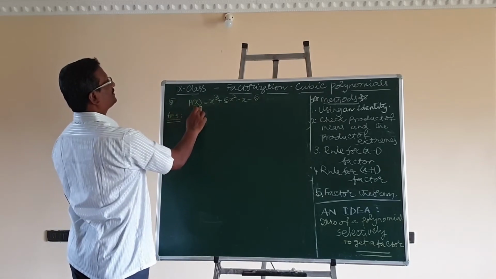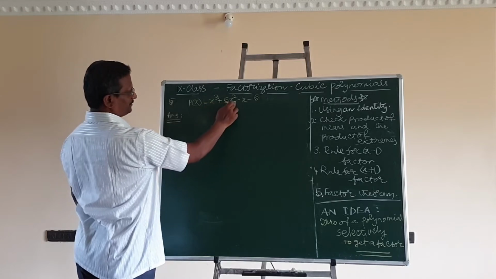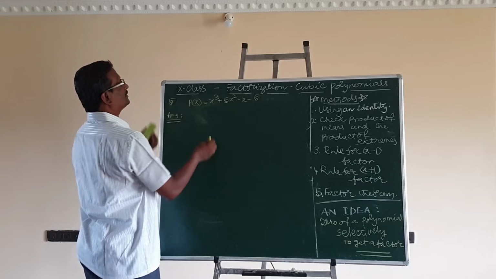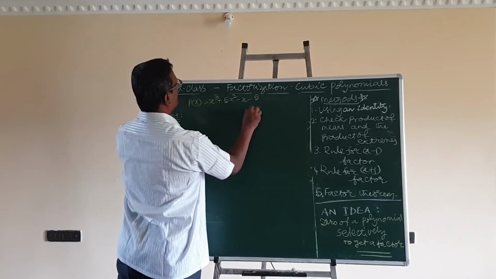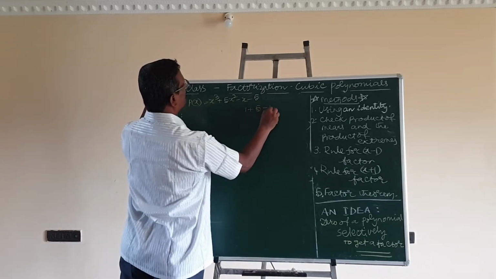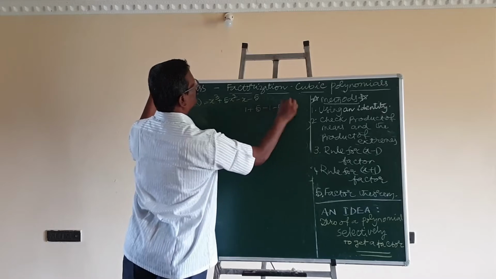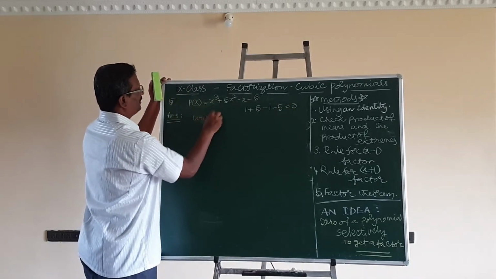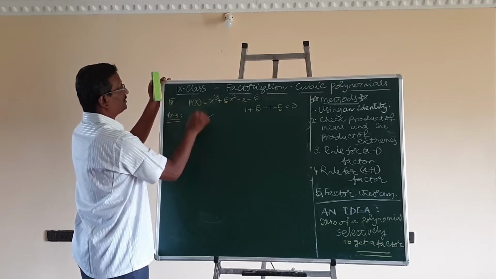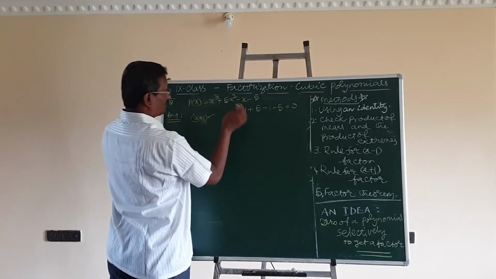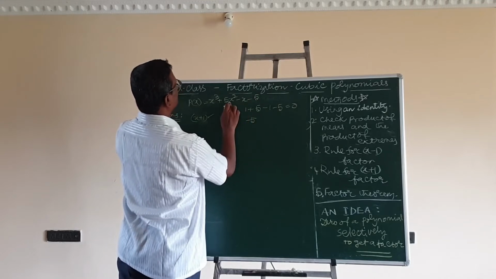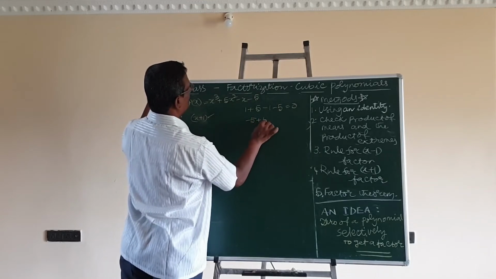A polynomial p(x) is equal to x cube plus 5x square minus x minus 5. In this polynomial, sum of the coefficients: 1 plus 5 minus 1 minus 5 is equal to 0, means x minus 1 is a factor of the polynomial. It is also sum of the even powers coefficients minus 5, and this is plus 5.